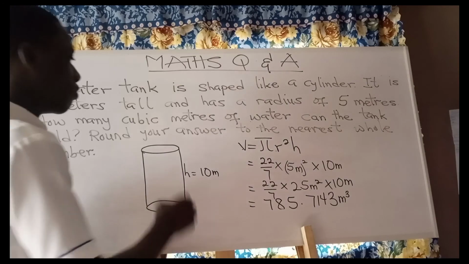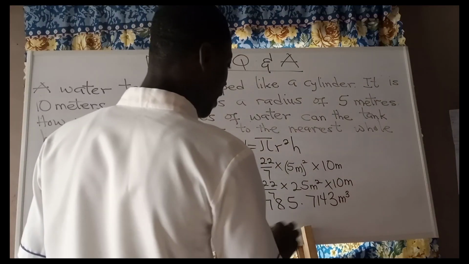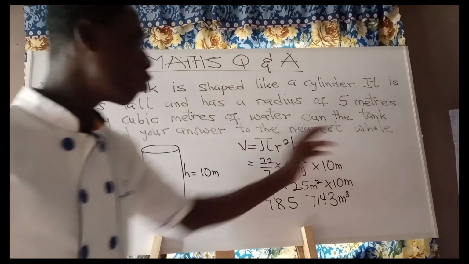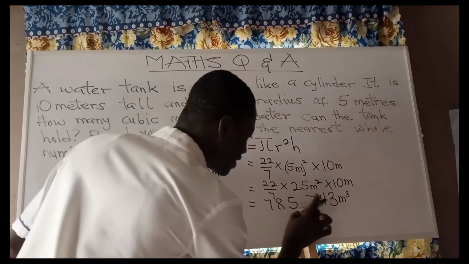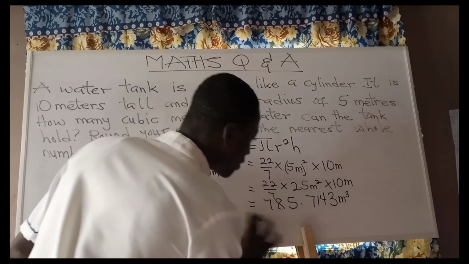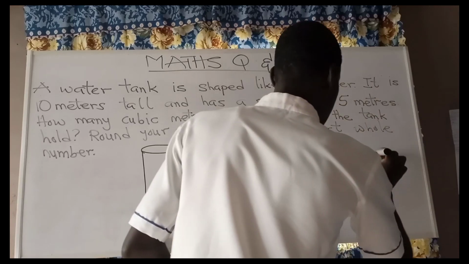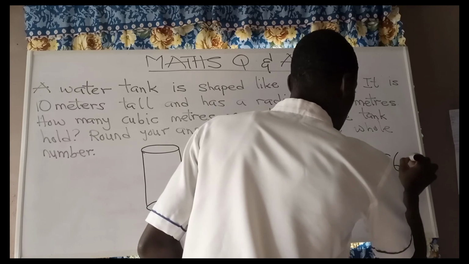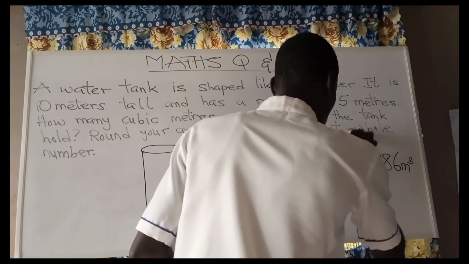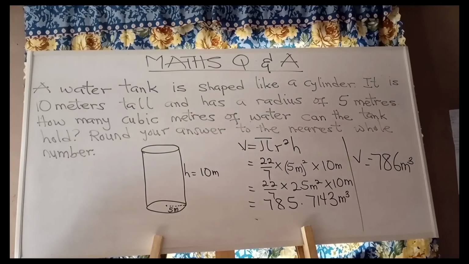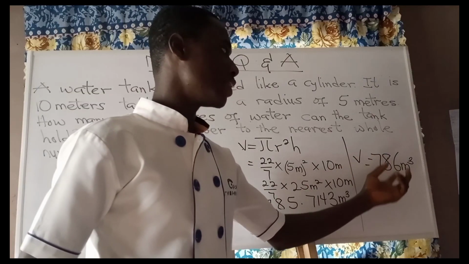So when you round 785.7143 meters cube to the nearest whole number, it becomes what? 7 is more than 5, so we add 1 to it and the answer is 786 meters cube. So this becomes the volume for the water tank. The volume of water that the water tank can hold, 786 meters cube.